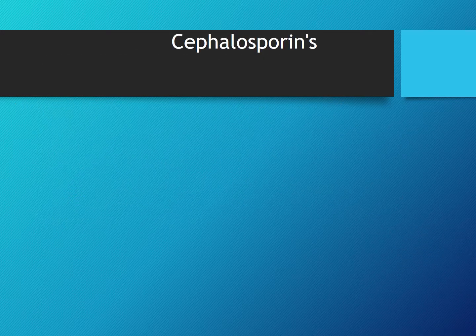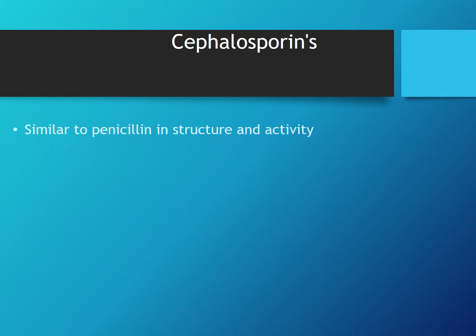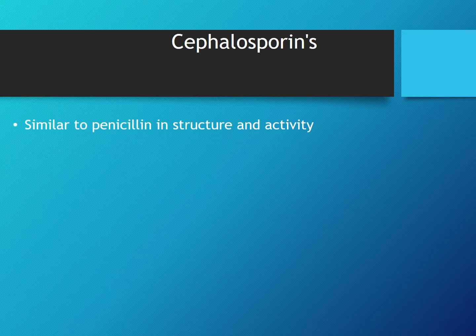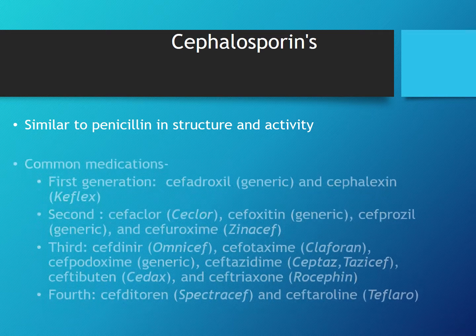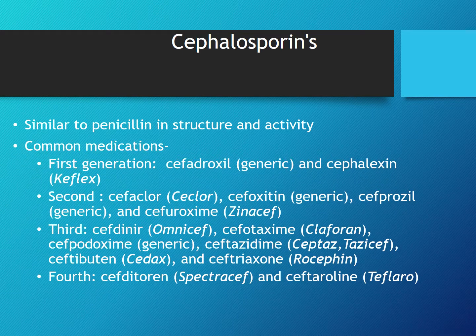All right, so let's take a look at some other details. They are similar to penicillin in structure and activity, so thus, if you're allergic to a penicillin, you're allergic to a cephalosporin. Some of the common medications, so here's some of the ones that I just mentioned to you in the previous slide.